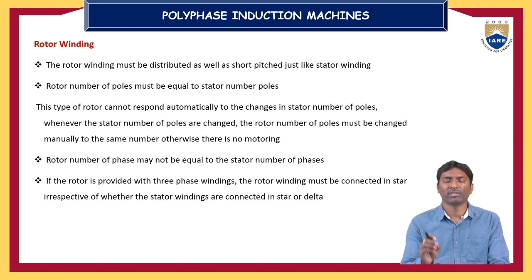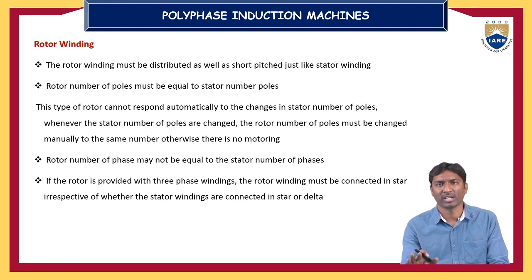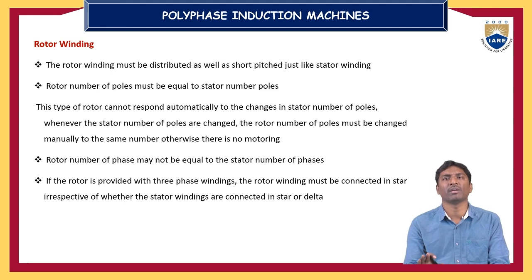So you always need to maintain the stator poles equal to the rotor poles, in the slip ring as well as the squirrel cage induction motor. The rotor number of phases may not be equal to the stator number of phases, but the rotor poles should be equal to the stator poles. This point is very important.